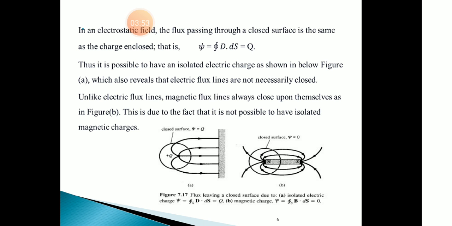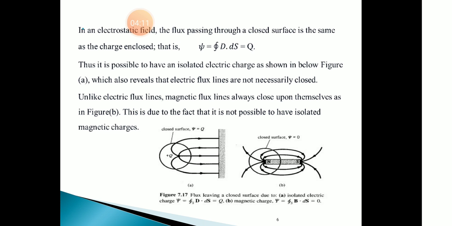In an electrostatic field, the flux passing through a closed surface is the same as the charge enclosed. By Gauss law, psi is equal to the closed integral of D bar dot dS is equal to Q enclosed.